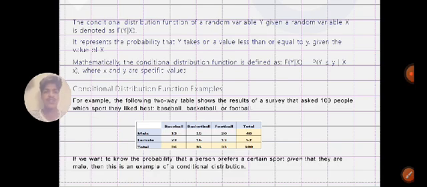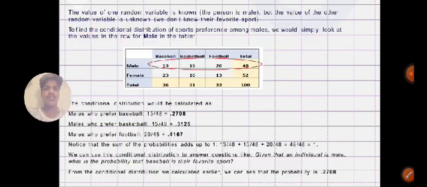Conditional distribution function examples. For example, the following two-way table shows the results of a survey that asked 100 people which sport they prefer.